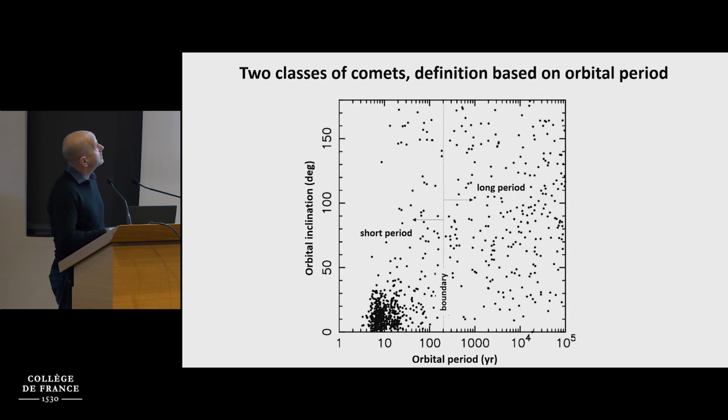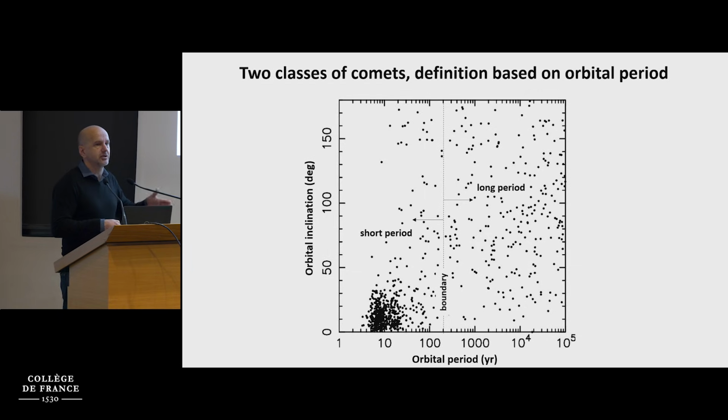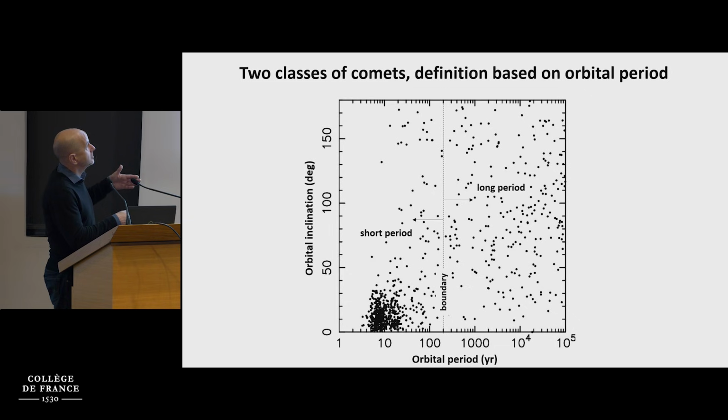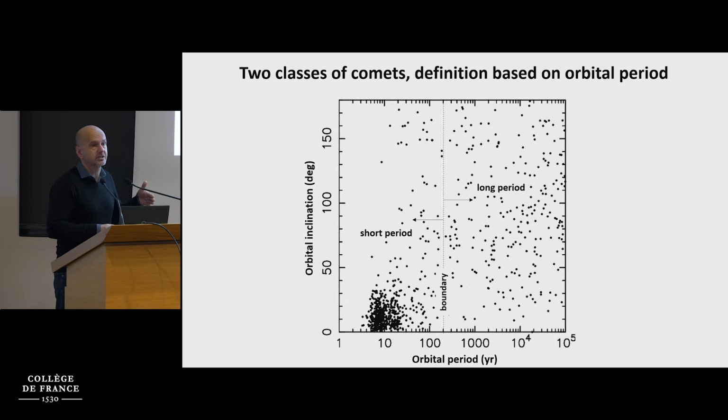I plotted the orbital inclination on the y-axis. Low inclinations, meaning planetary orbits, would be here. Orbits that are exactly perpendicular to the plane of the solar system would have 90-degree inclination. They would be here, and everything above this is a retrograde comet.